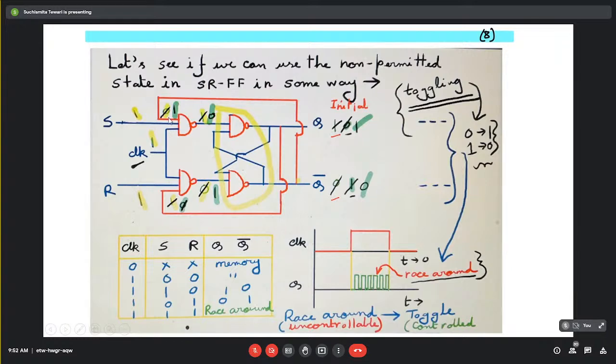Now what is the input of these two NAND gates? This is 1 1 0, because this 0 is fed here, so it becomes 0.